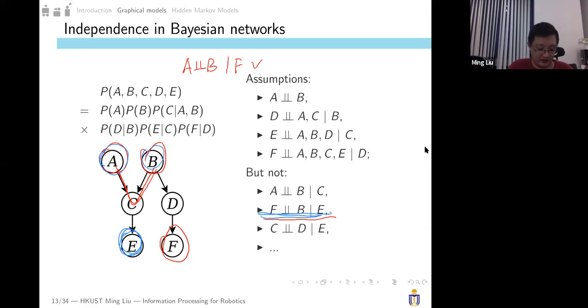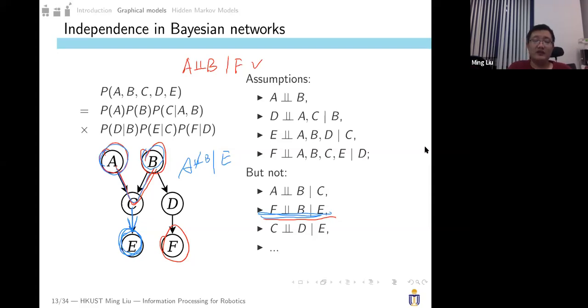Between A and B there is a path ACB, and E is a descendant of C. So that means you cannot say A and B are independent given E. They are not independent. Okay, then this is clear.